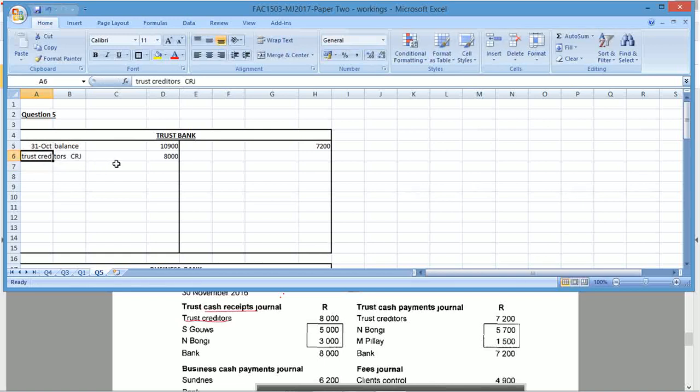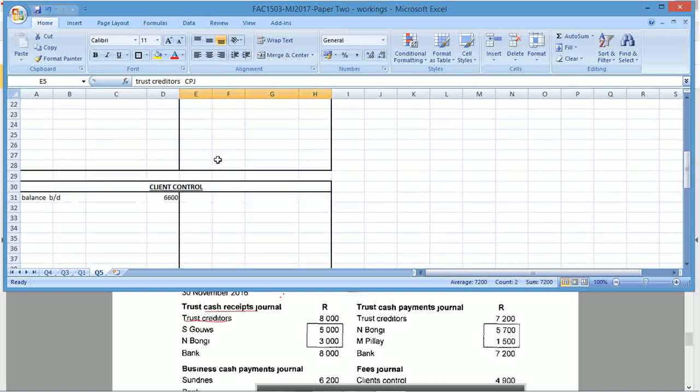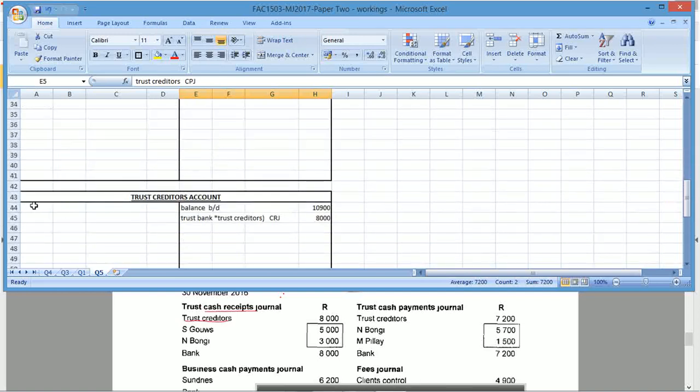Okay, so trust creditors, and it'll be CPJ, 7,200. That's the trust bank account, right? So the bank account is going down. Then go to your trust creditors, put 7,200 here. Trust creditors, there it is.